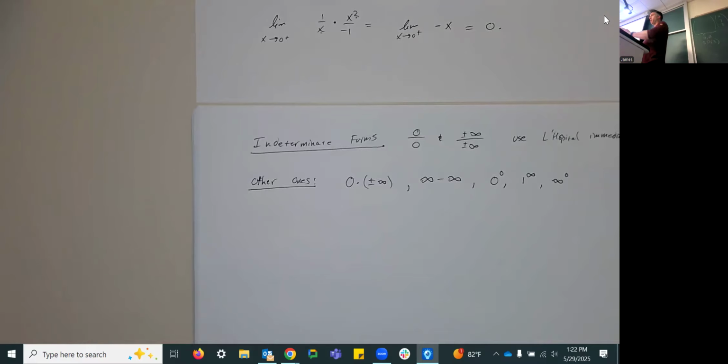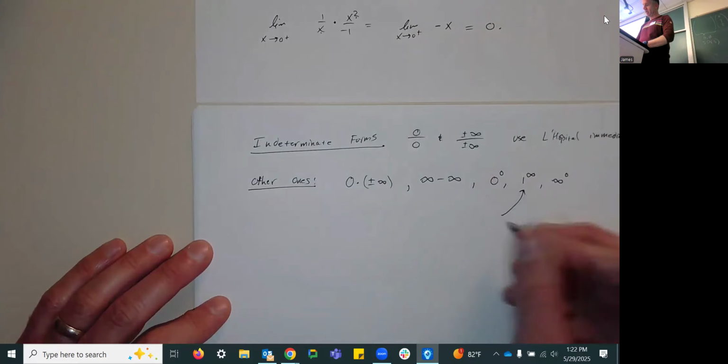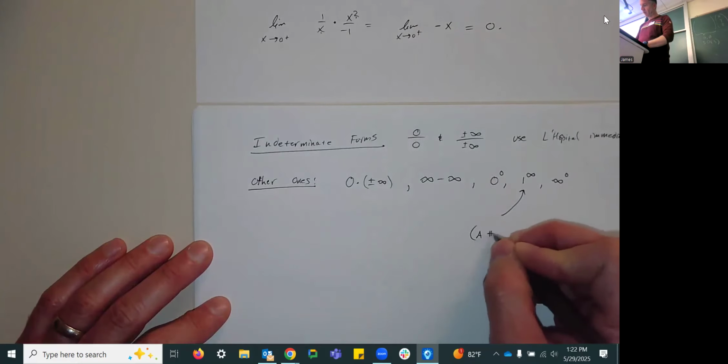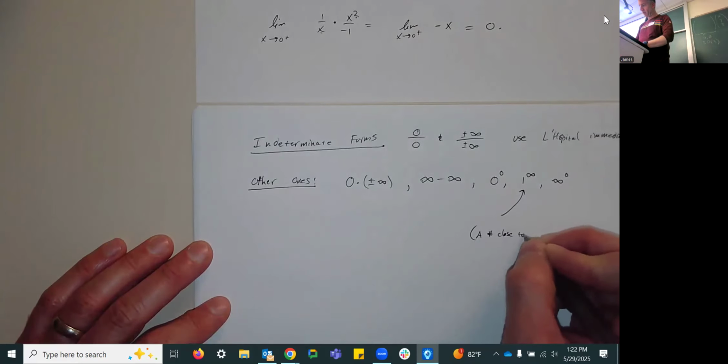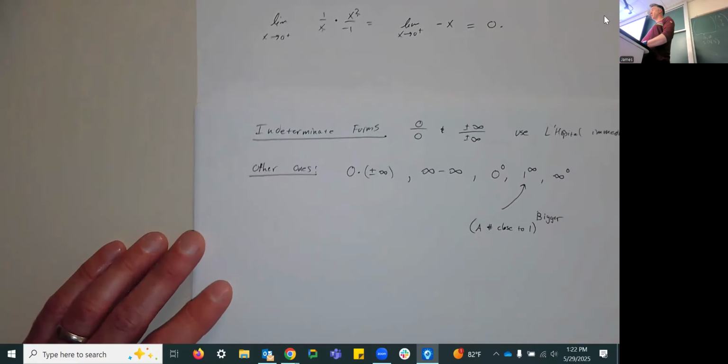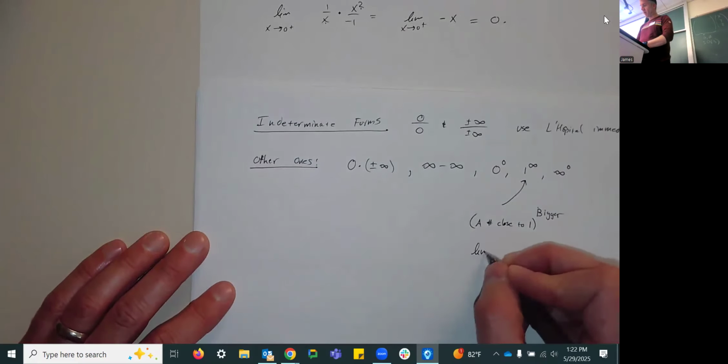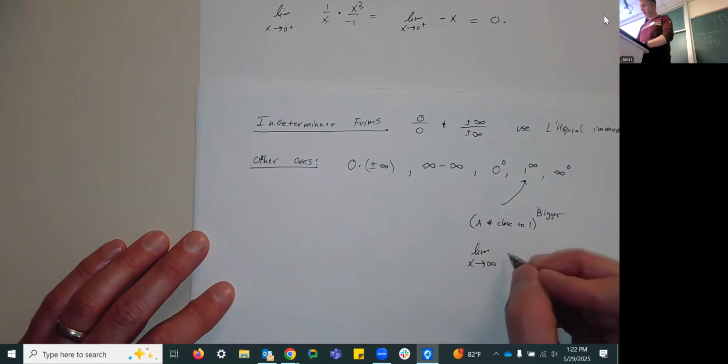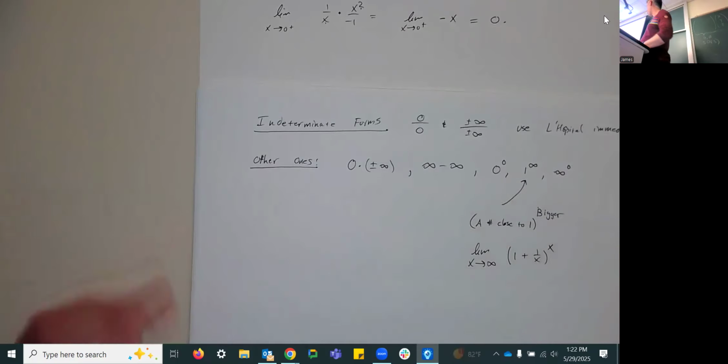So I want to make a point here. 1 to the infinity power does not mean 1 times 1 times 1 an infinite number of times. What an expression like this means is a number close to 1 raised to a power that's getting bigger and bigger and bigger. An example of an expression like that is the limit as x approaches infinity of 1 plus 1 over x, raised to the x power.